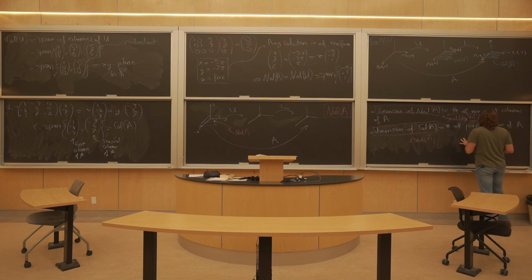Well, if I have this many pivot columns and that many non-pivot columns, I don't know what those numbers are, but certainly they should add up to the number of total columns of A. This is the content of the fundamental theorem of linear algebra, and I'm writing it here.